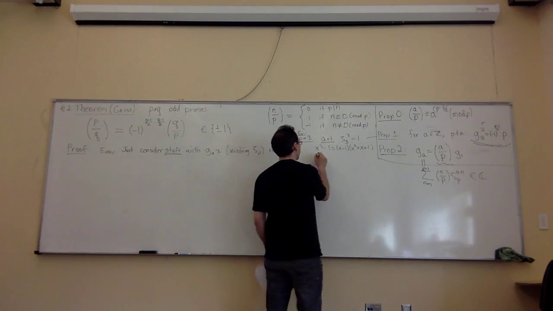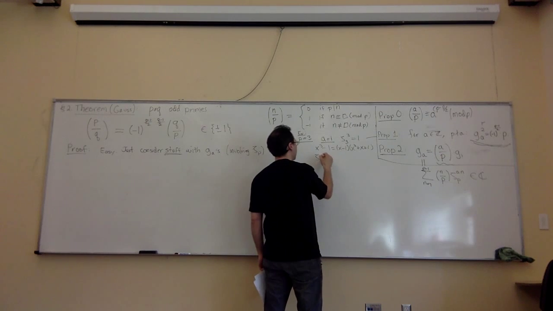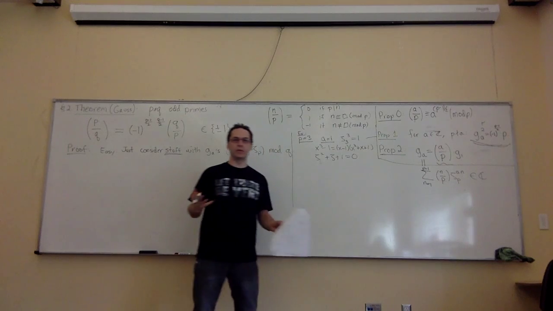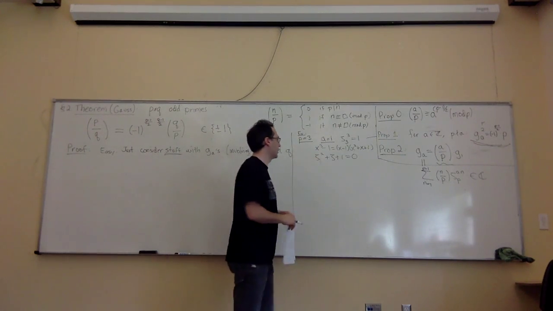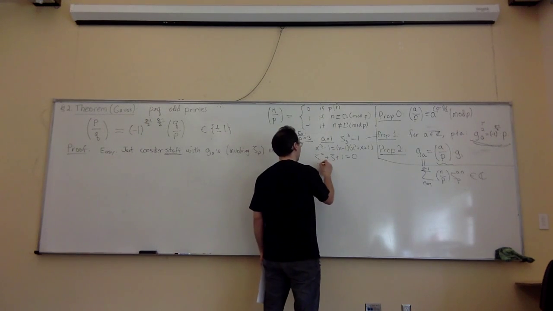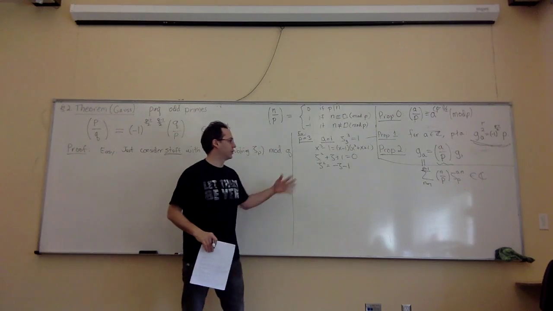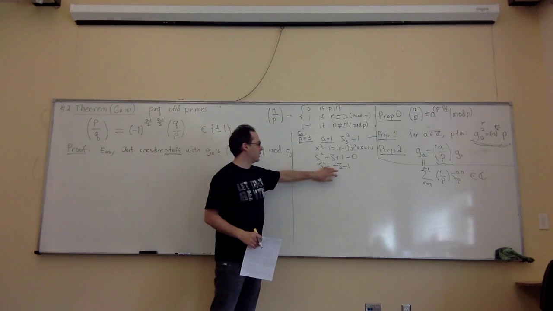So I'll just call it zeta henceforth. Zeta satisfies zeta squared plus zeta plus 1 equals 0. So whenever you're doing arithmetic with zeta, you can always replace zeta squared by minus zeta minus 1. Alternatively, you could write everything in terms of complex numbers and stuff, but this is easier.